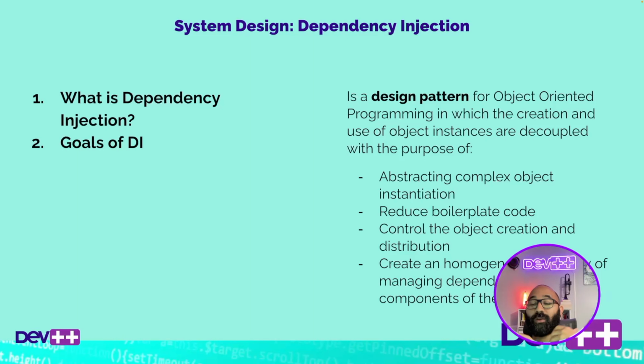Third, you control the object creation and distribution, meaning that you generalize the way that you construct the object, or if you want to specify, you create the exact specification for it, and also you control the distribution.